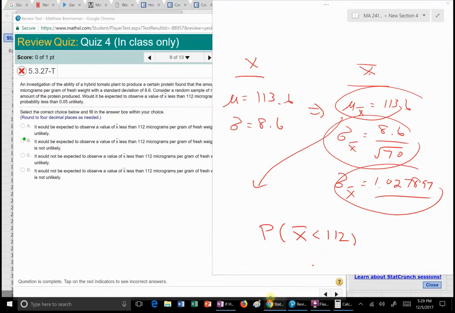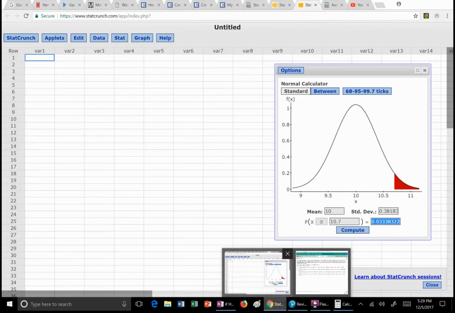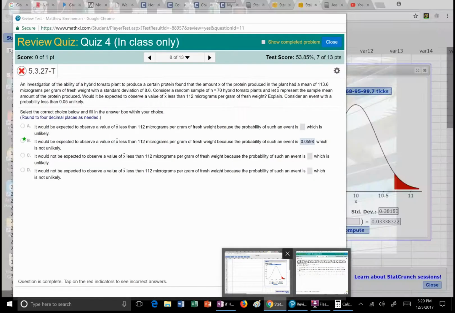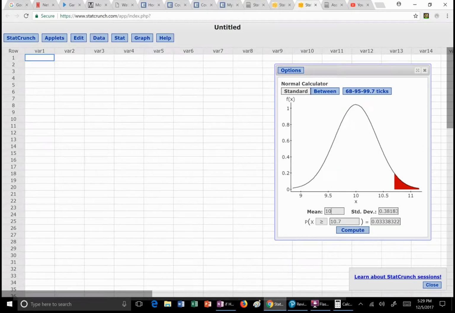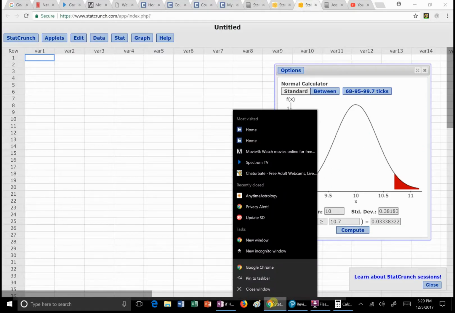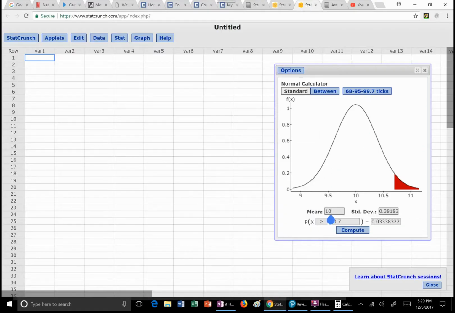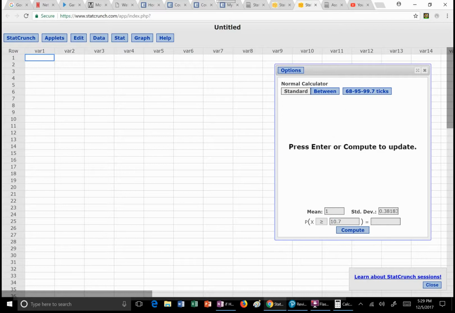So we go up to StatCrunch. What's the probability that it's less than 112? The mean here is 113.6, right?